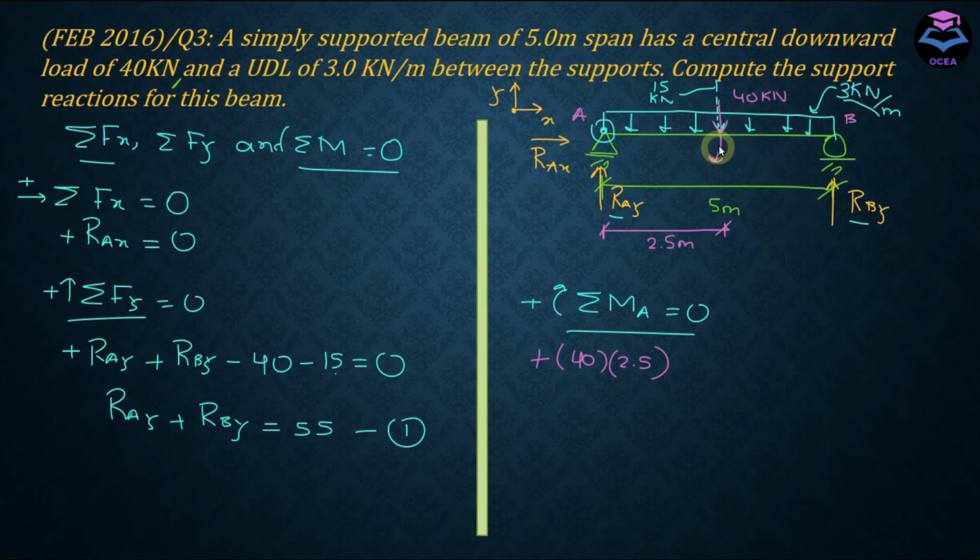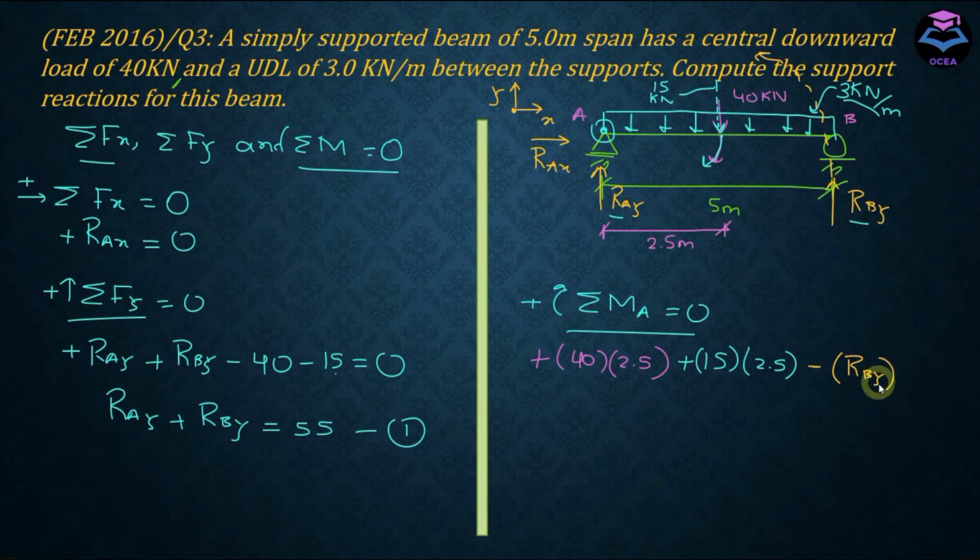This is also creating clockwise moment about this point, so this is also going to be positive, and it has a moment arm of 2.5. Is there any other force creating moment about this point? We have RBY, which is creating counterclockwise moment about this point, and it opposes my sign convention, hence negative.